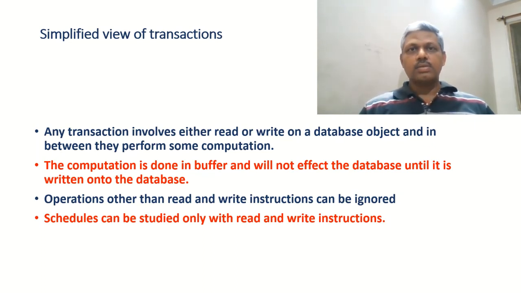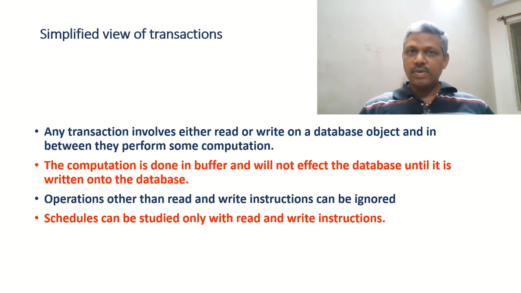Transaction T1 may be reading the value of a database object Q, and immediately after that, T2 may also be reading the same database object Q. If both the transactions are just reading the same database object, it's not going to create any problem. Whereas if T1 has read the value Q and T2 is trying to write the value of Q, then it may cause an inconsistency problem.